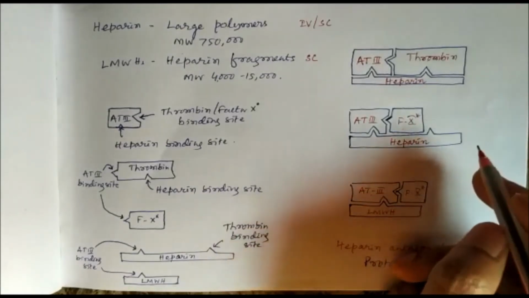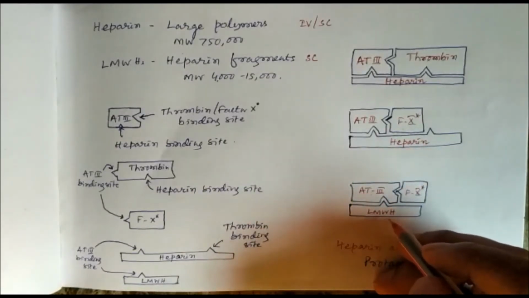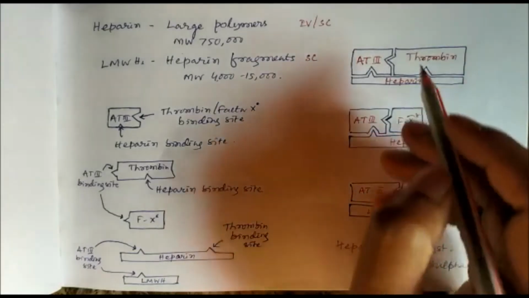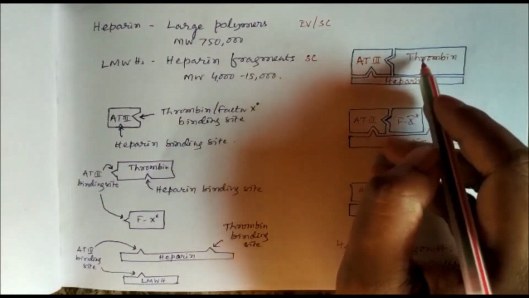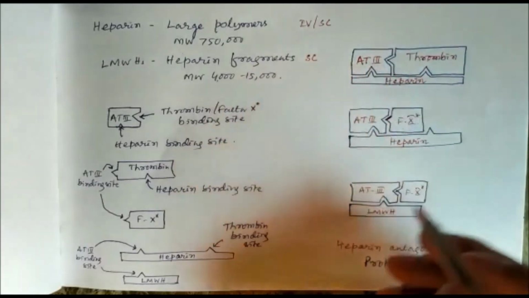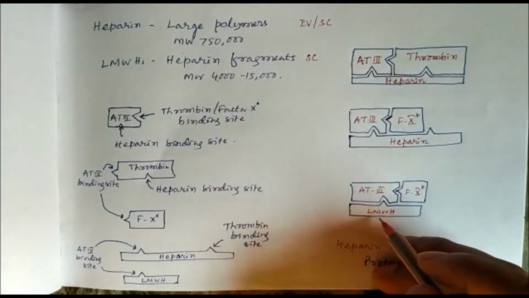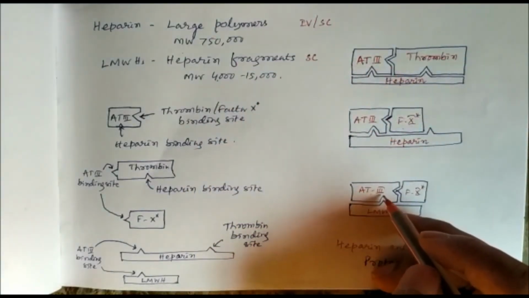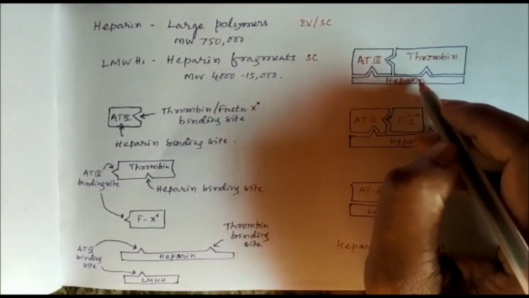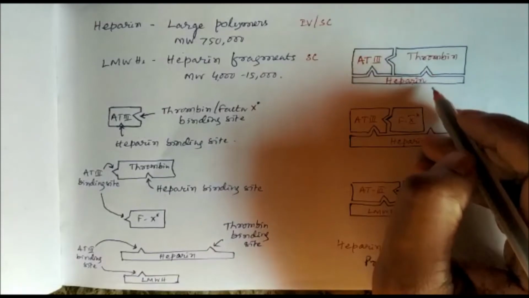But low molecular weight heparin has no action on the thrombin-inhibiting action of AT3 because it has only one site to bind to AT3. To inhibit thrombin, only heparin can do so, because heparin has a site to bind with thrombin.